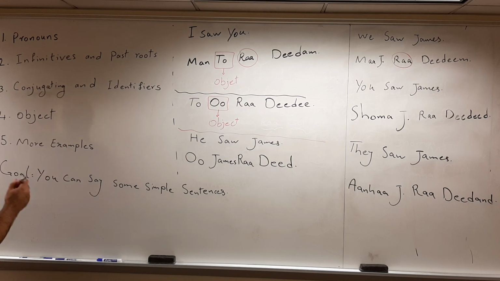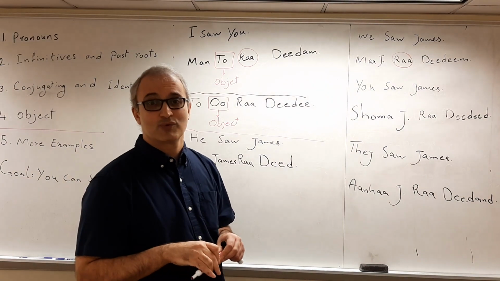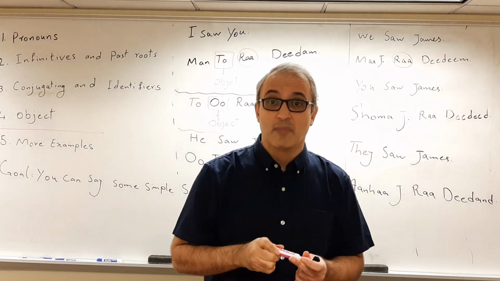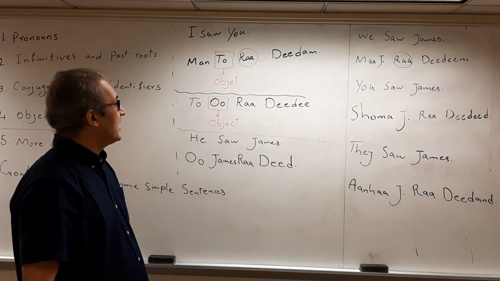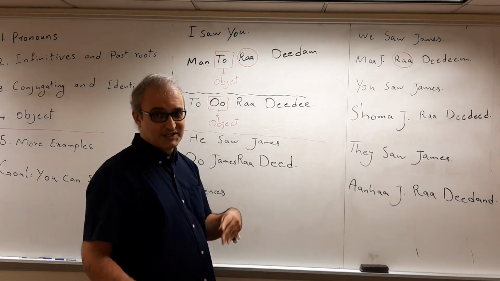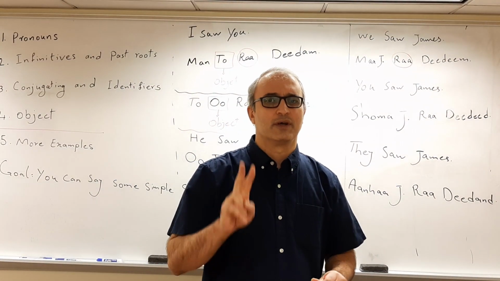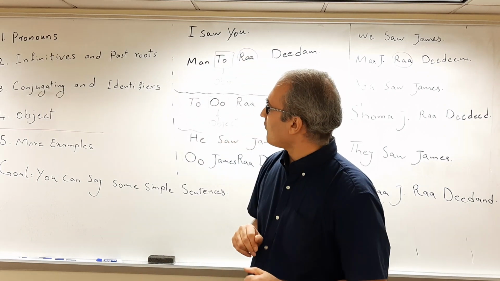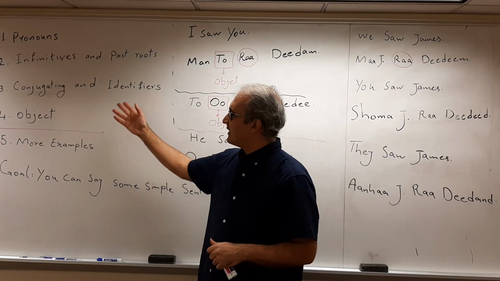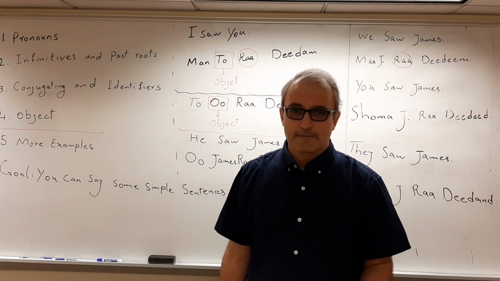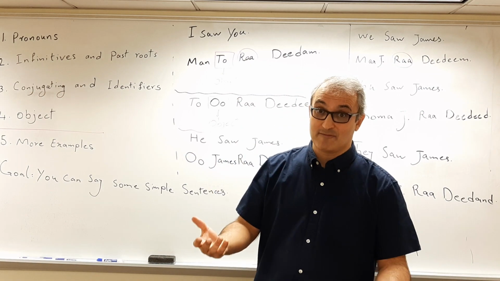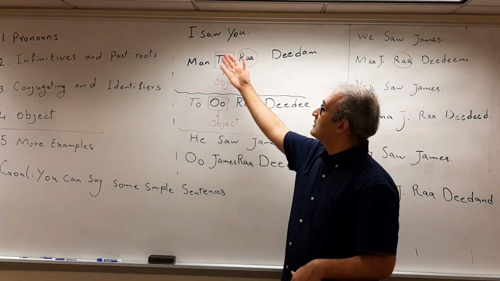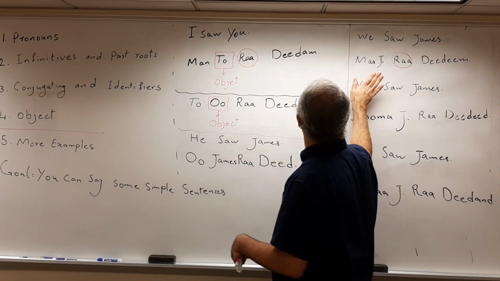Okay, so far you know pronouns من تو او ما شما آنها. You know about the infinitive and the past root, of course, just for two infinitives. And you know about the identifiers, and you can conjugate verbs if you know the verb, the infinitive, like دیدن and گفتن.